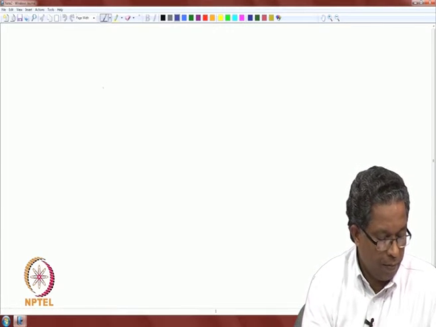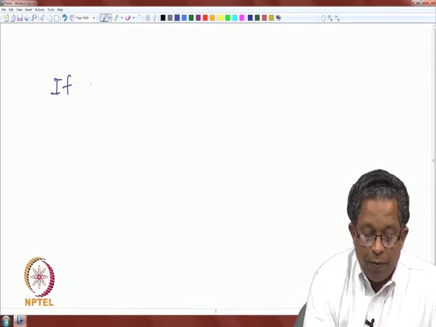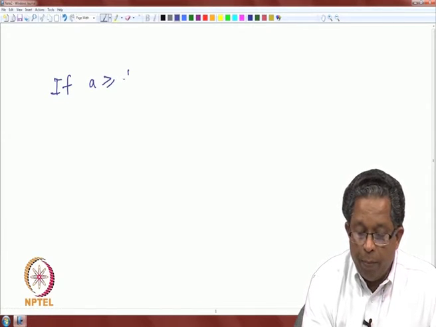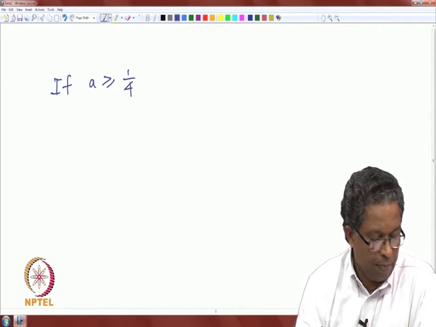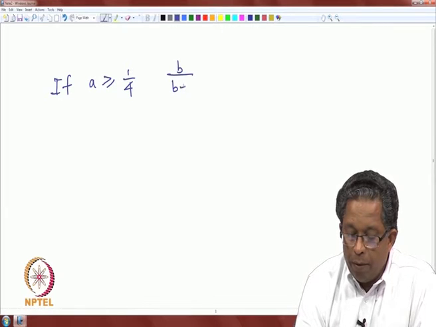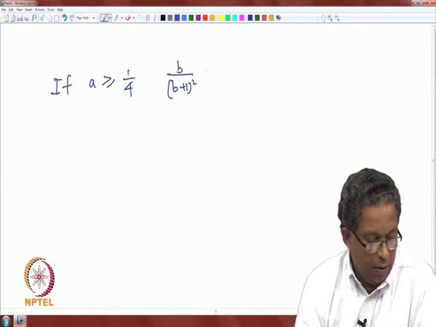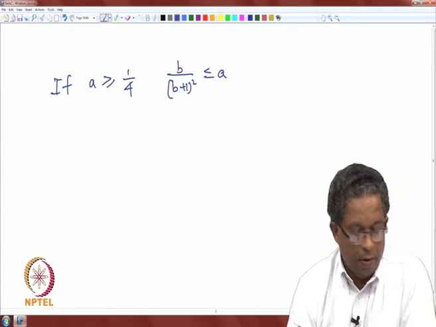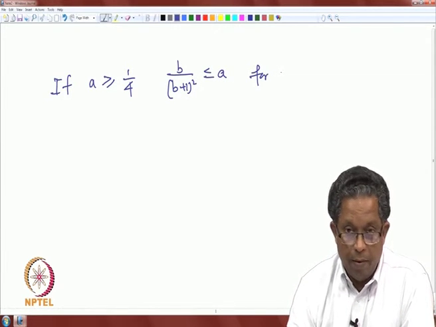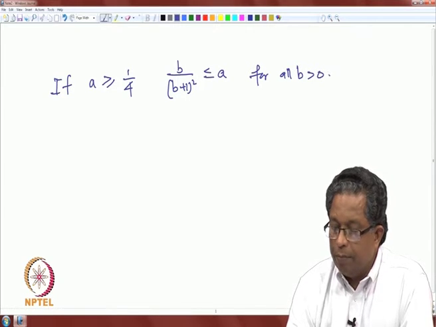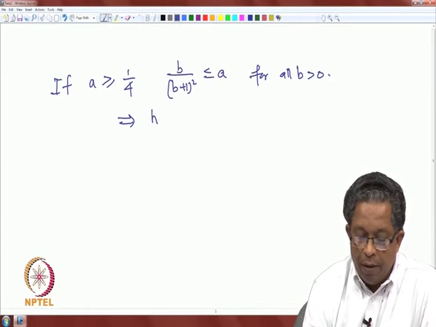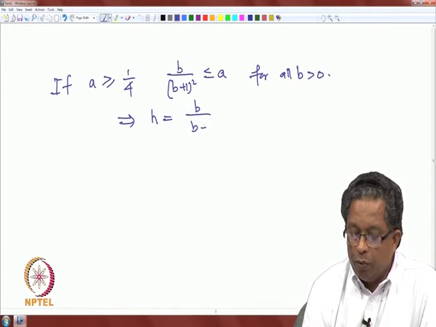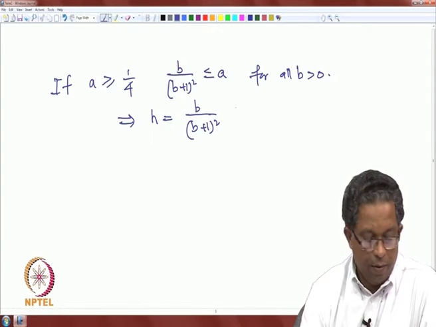So, therefore, we conclude if a is greater than or equal to 1 by 4, b over (b + 1) squared is less than or equal to a for all b positive. So, this implies that h is equal to b over (b + 1) squared, which is less than or equal to 1 by 4.